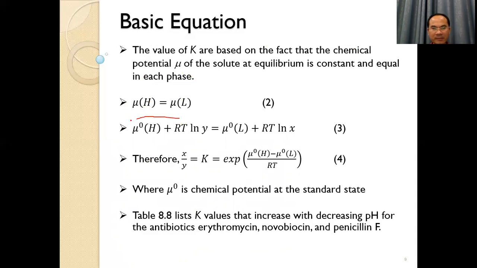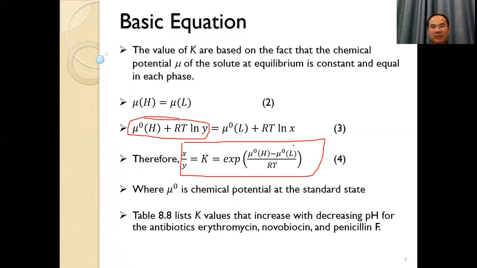And also you can express the chemical potential in terms of standard conditions, like mu0 of heavy phase plus RT log Y equals mu0 of light phase plus RT log X. And therefore you can rearrange this equation. You can write X over Y equal to K, equal to the exponential of mu0 heavy phase minus mu0 light phase, divided by RT.